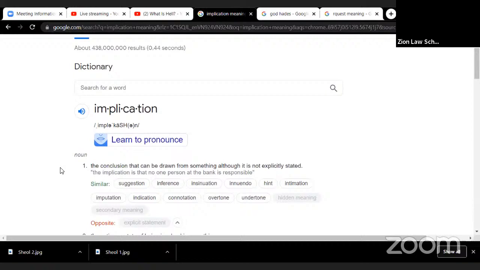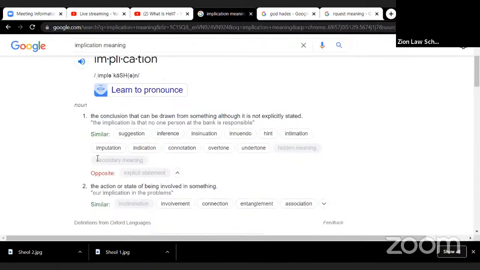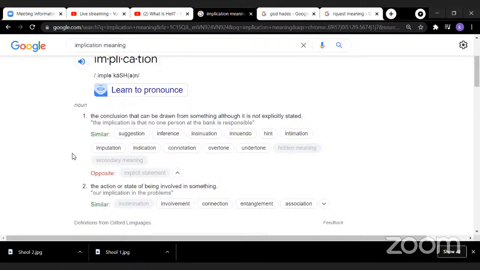Do you want to present this word, Lewis? Implication? Sure. Implication, noun. The conclusion that can be drawn from something, although it is not exactly stated. Similar: suggestion, inference, insinuation, innuendo, hint, intimation.